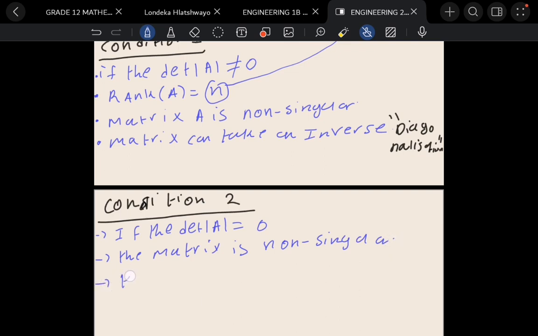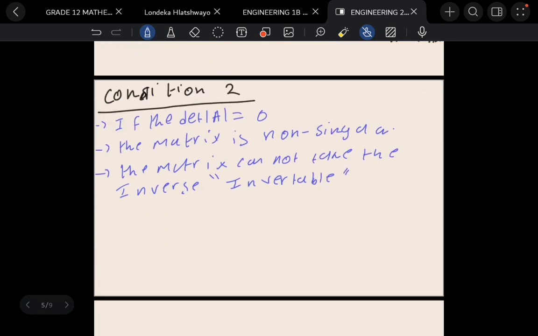The matrix cannot take the inverse, or some say it is not invertible. It's not going to take the inverse, and the rank of A is equal to n minus 1.